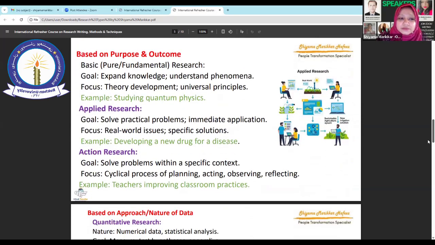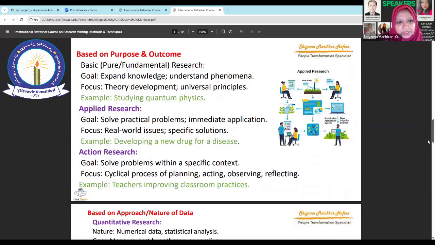Now, we have to choose our types of research based on purpose and outcome. First one is basic or fundamental pure research, which, as I already mentioned, is like Newton's theory, or any phenomenon, any concept which is already existing, and you are going to understand it more in depth.